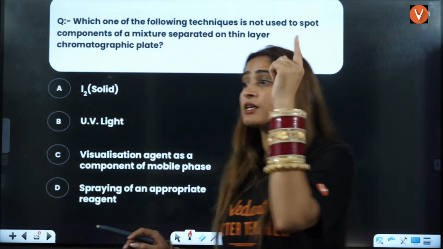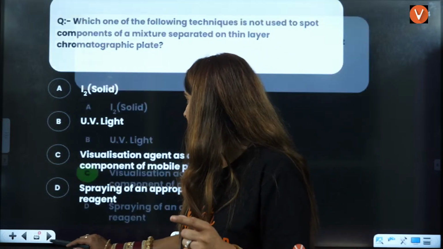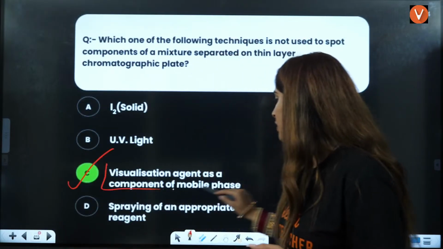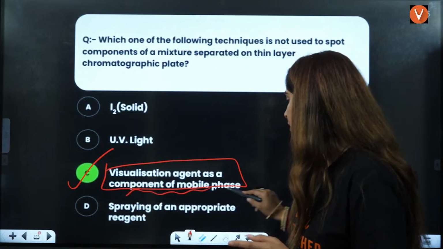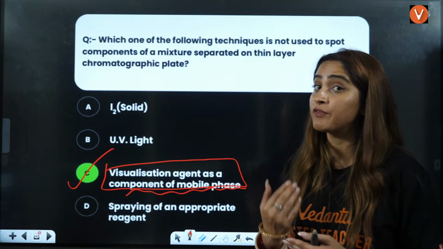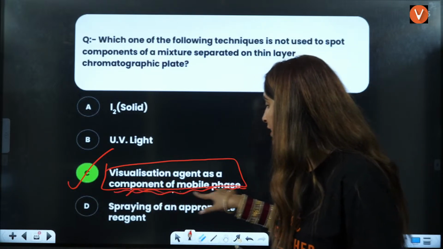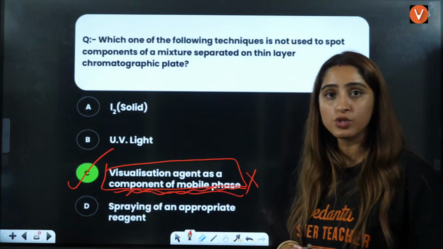Which is not used? I2 is used, UV light is used. So the answer is visualization agent as a component of mobile phase, right? There are a stationary phase and a mobile phase when we do chromatography. A visualization agent as a component of the mobile phase has not been used till now.